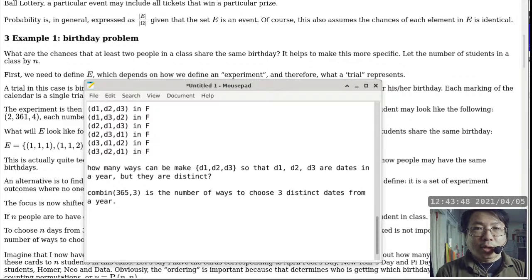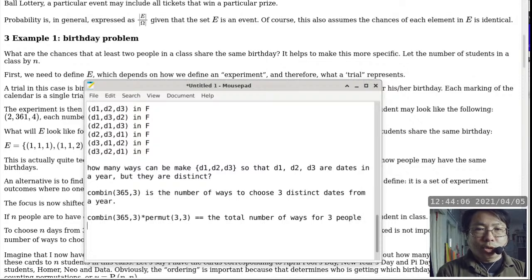So when we say combin(365, 3) times permut(3, 3), this becomes the total number of ways for 3 people to have distinct birth dates. Cool. All right.